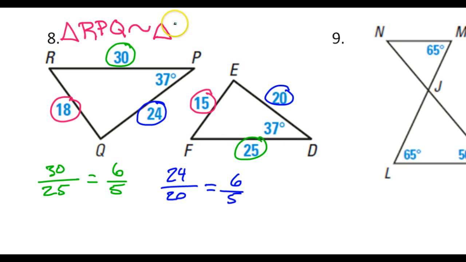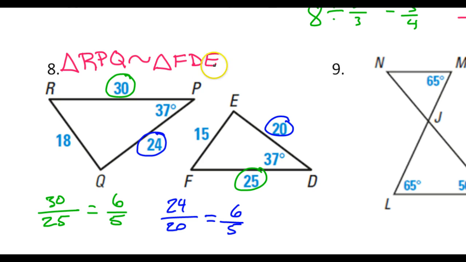So that's why I'm going to go F, D, E, green, blue. Okay, got to make sure that matches up. And the way I did it, because I used the greens and the blues and the angles, I did side-angle-side similarity. So I will say these are similar by side-angle-side similarity.